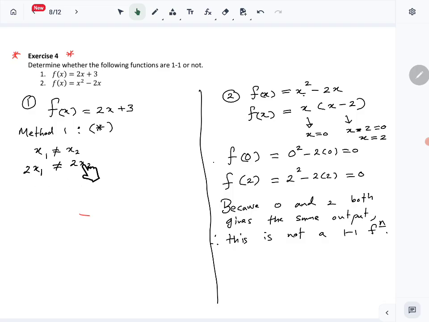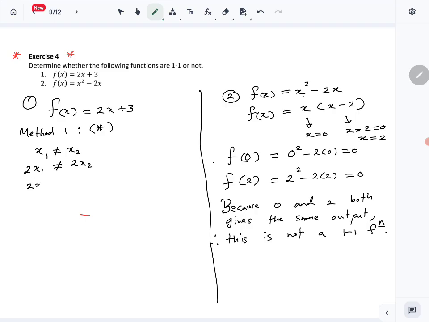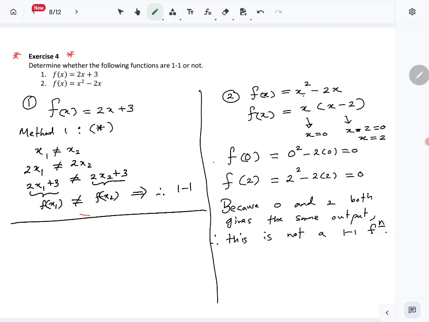If 2x1 is not equal to 2x2, 2x1 plus 3 is not going to be equal to 2x2 plus 3. Then 2x1 plus 3 is f of x1, and this side is f of x2. So we have our result: x1 not equal to x2 implies f(x1) is not equal to f(x2). Therefore this is a one-to-one function.